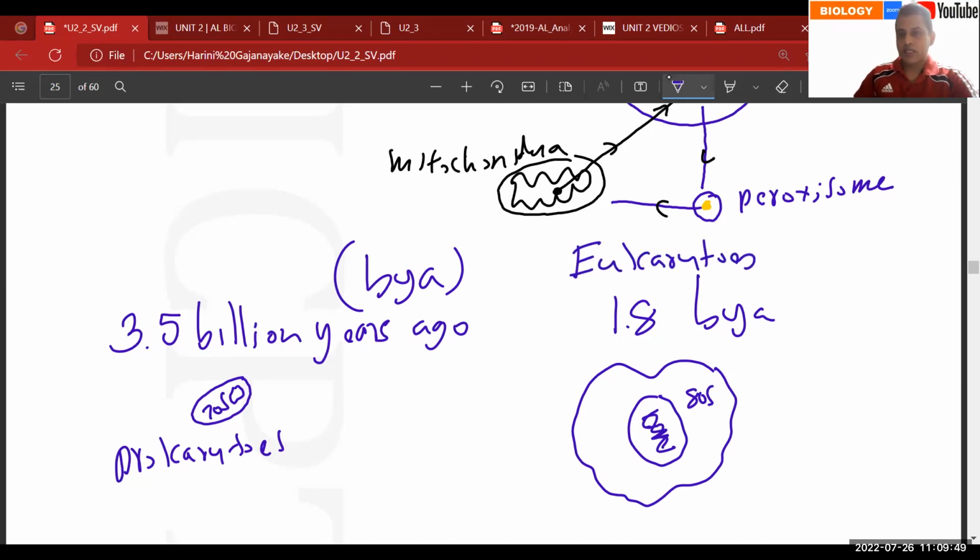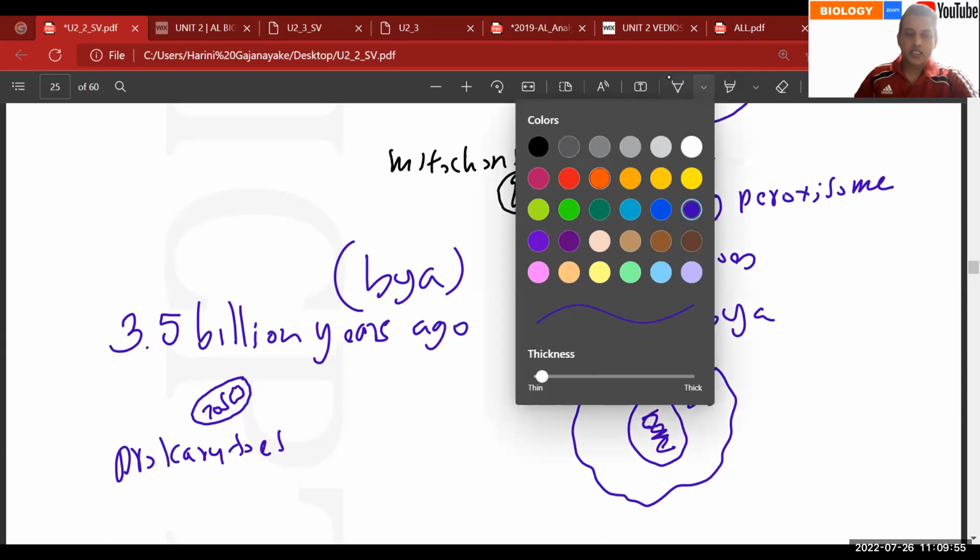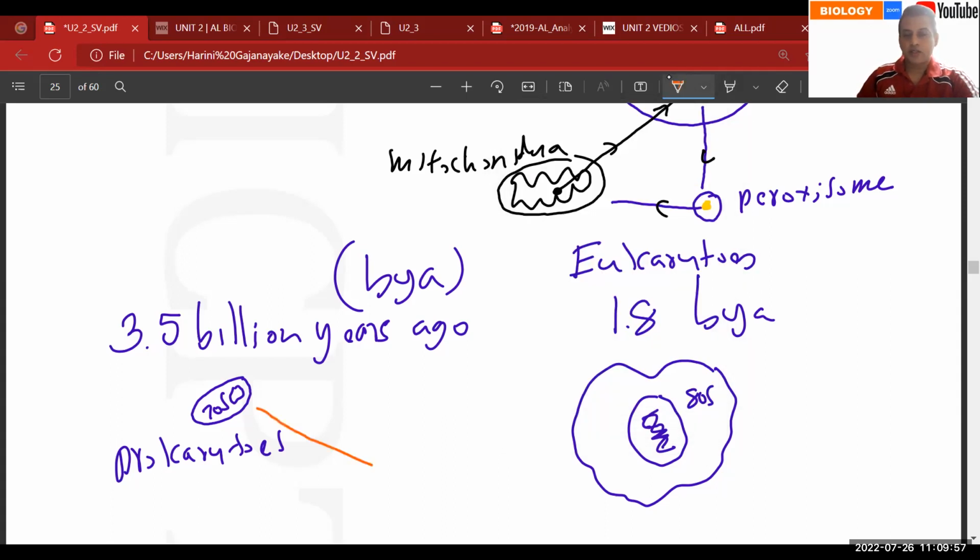Then scientists now believe that at some point during this formation, these prokaryotes moved into the eukaryotic cells and also changed to become mitochondria.